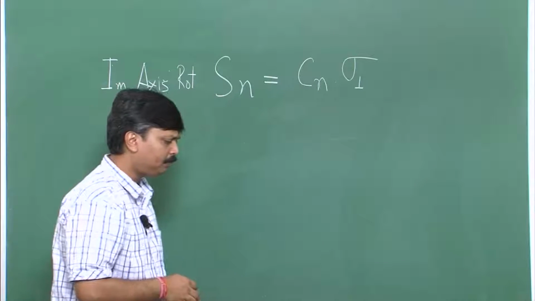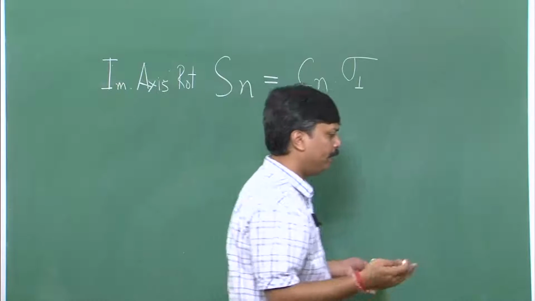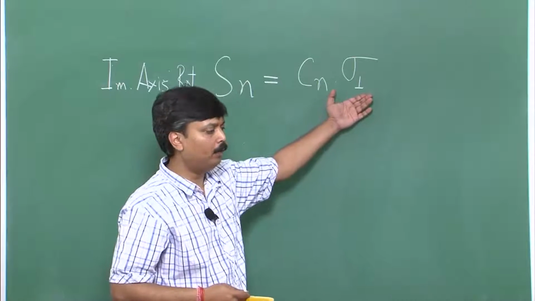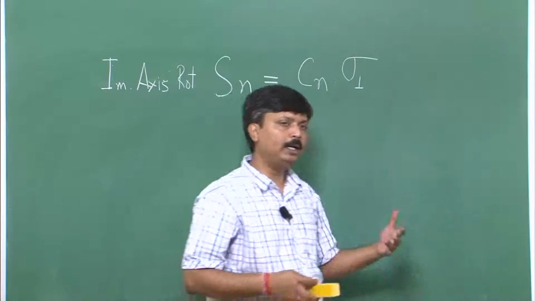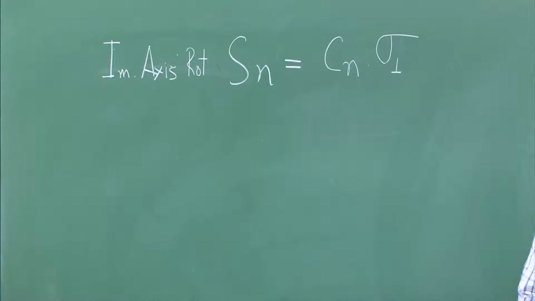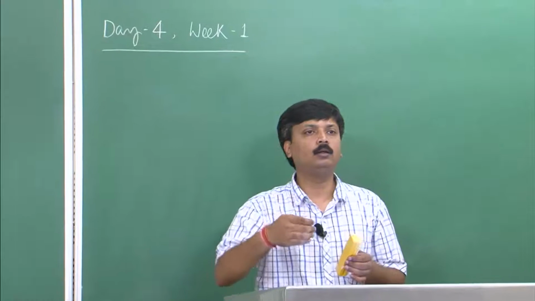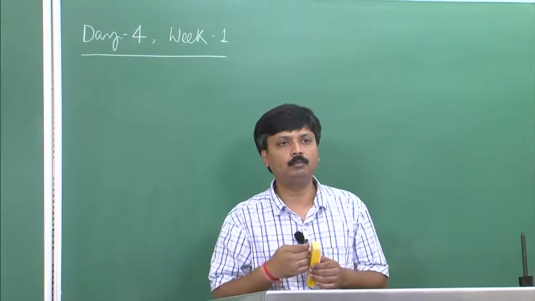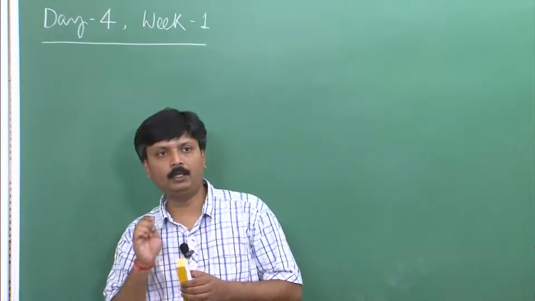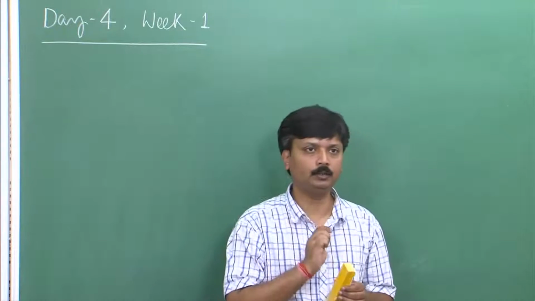Many occasions you will find in many books that this is written as sigma h, which may not be grammatically correct, because as I said, this improper axis of rotation may not be along the proper axis of rotation. So, sigma h is defined with respect to the proper axis of rotation, the principal axis of symmetry.